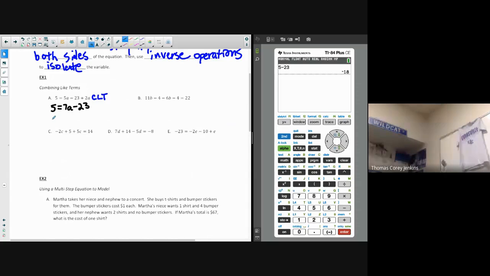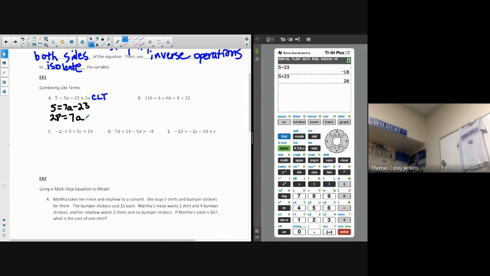So anyways, we don't minus 23 to get rid of minus 23. We plus 23 to get rid of minus 23. So sorry, I should have plus 23. So 5 plus 23 is going to be 28, which makes a lot more sense. So 28 equals 7a.